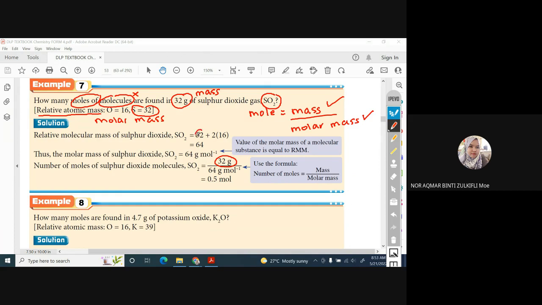So 32, oxygen 16. You need to count 2 oxygens, SO2. 32 plus 2 times 16 equal to 64. Then you get the molar mass. You must total up first. Now we have the mass, and the molar mass is 64. So the answer you got for the mole is 0.5 mole. The unit is mol. Mole is the measurement. Alright.